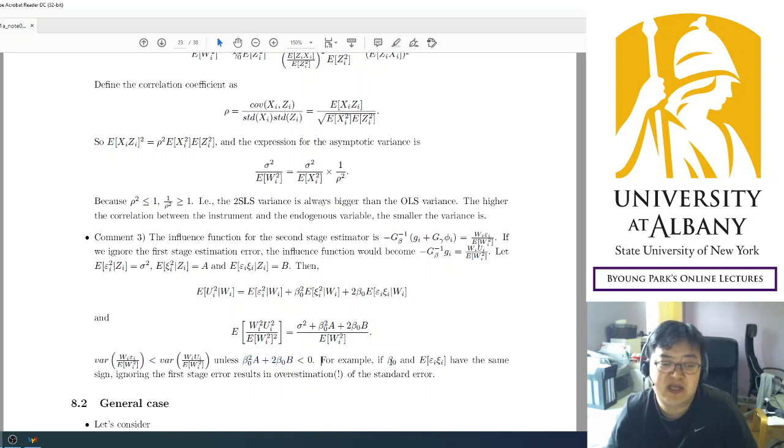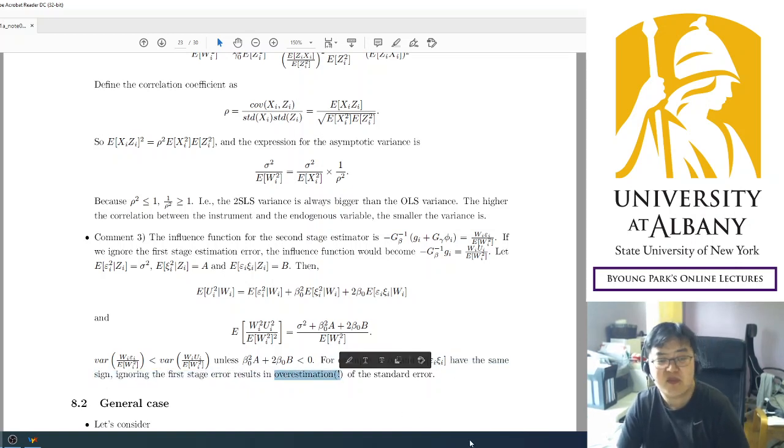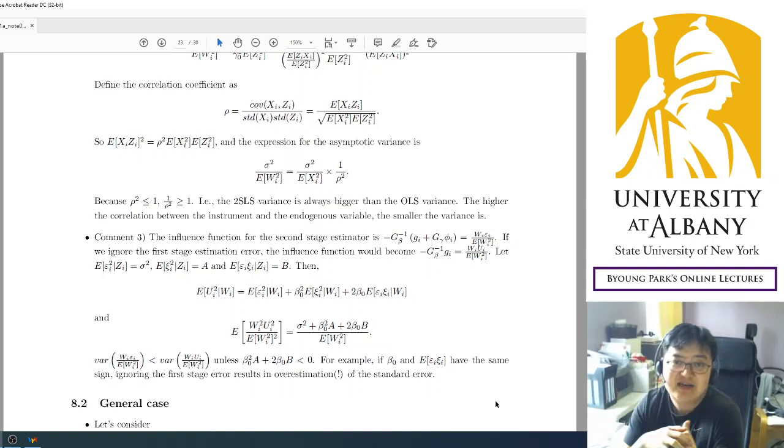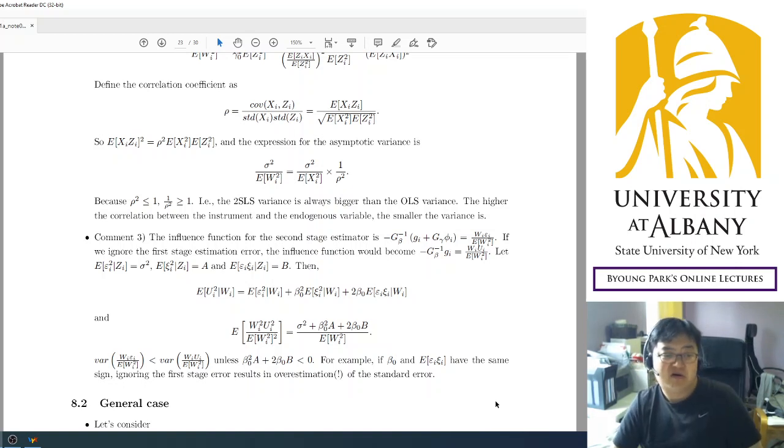For example, if beta is nonzero and the correlation between the two error terms has the same sign, then because you ignore the first stage error, you are overestimating the error, which is a little bit counterintuitive. And even if the signs are different, overestimation may still happen. So it is a very interesting observation, but as I said, this is not general. This is a special case, one of the rare examples where ignoring error overestimates the error.